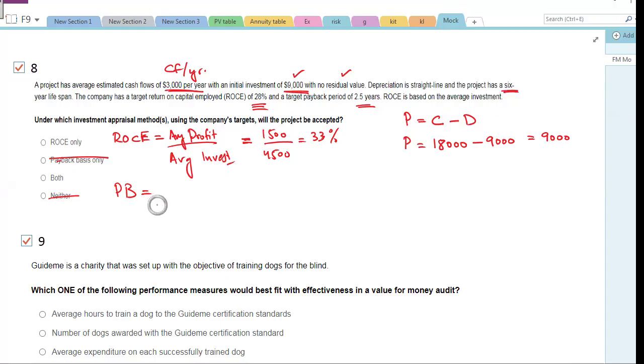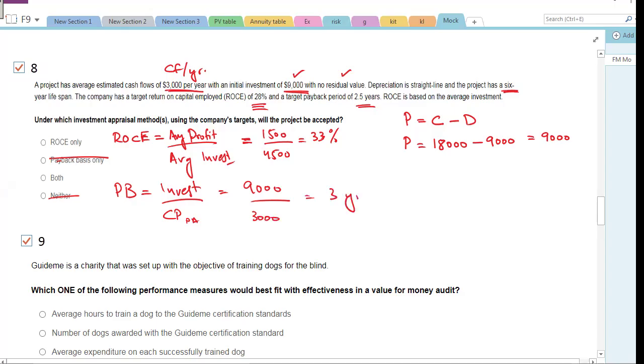Okay, payback period. When we have cash flow per annum fixed, because the cash flow per annum is 3,000, the calculation will be quite easy. That will be investment divided by the cash flow per annum. So investment is 9,000, cash flow per annum is 3,000, so this is going to give us 3 years. Now you see, you don't even have to do this calculation.